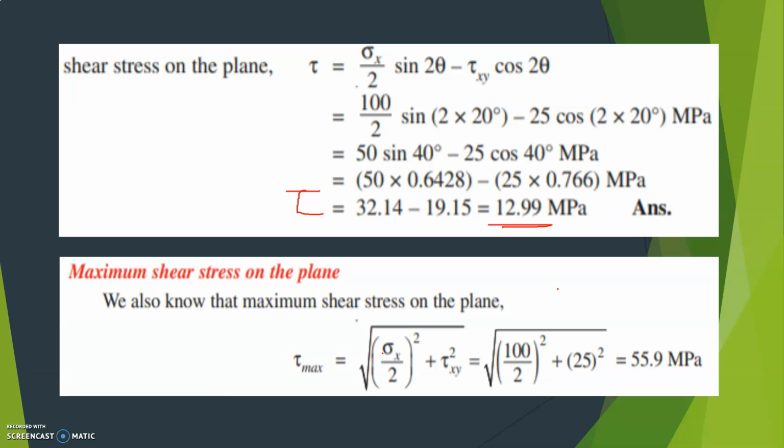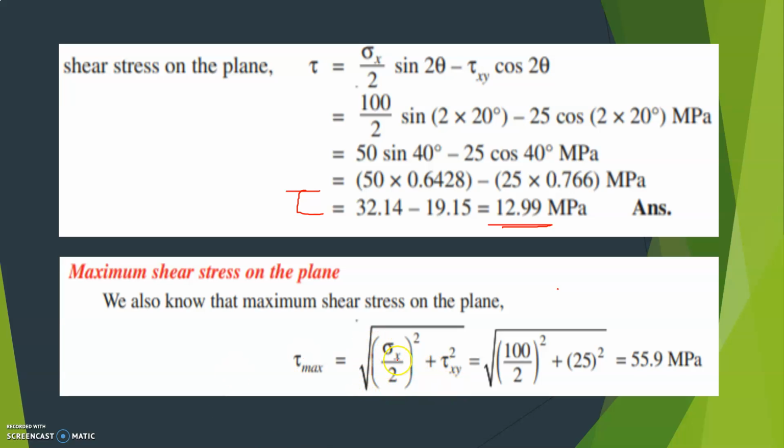In those it was the direct square root of sigma n square plus tau square, the resultant of normal stress square plus shear stress square, but here there is a difference. Tau maximum is equal to square root of (sigma x divided by 2) whole square plus tau square xy.